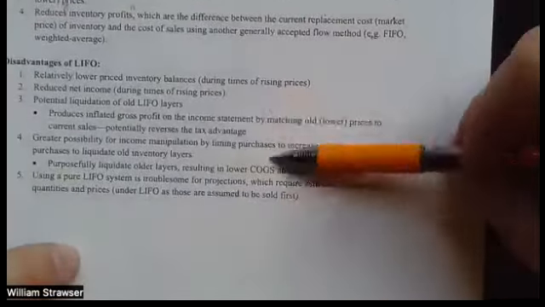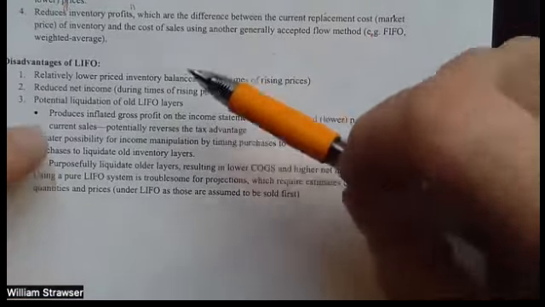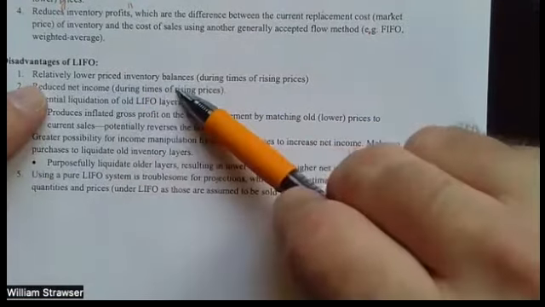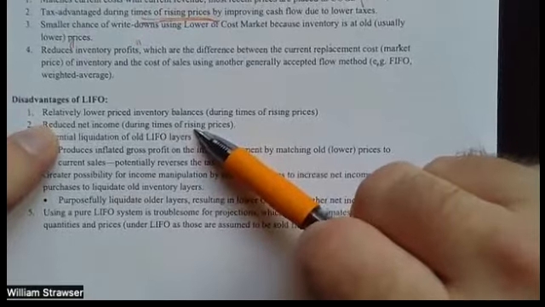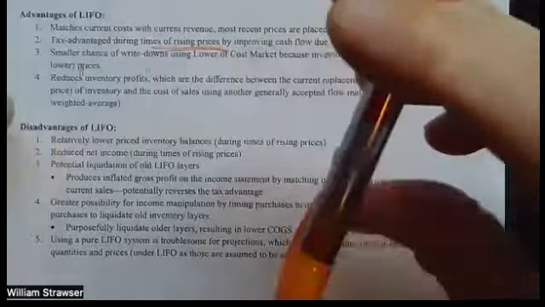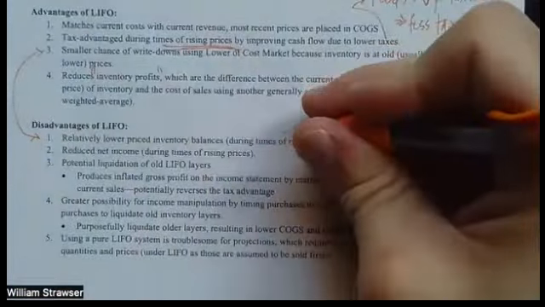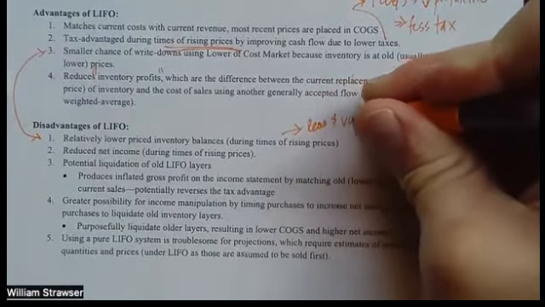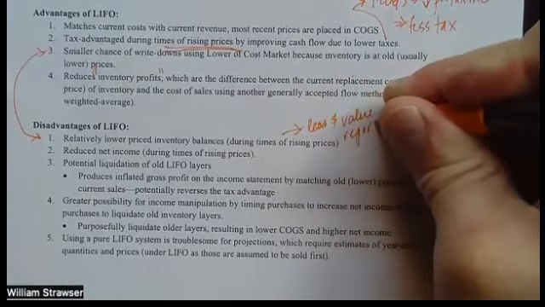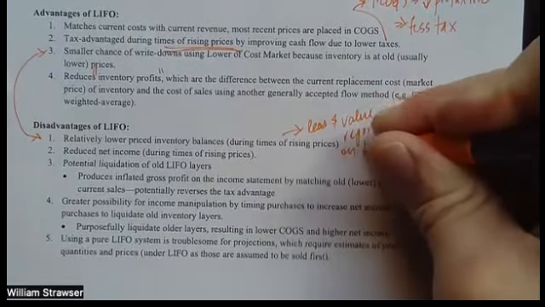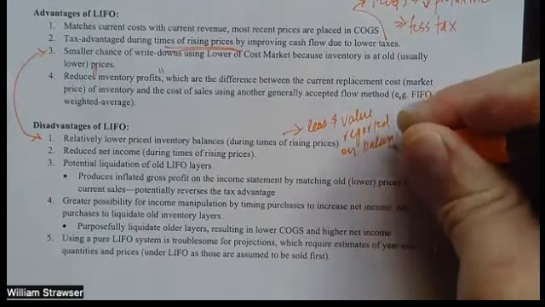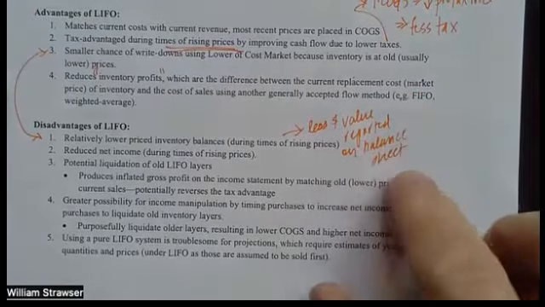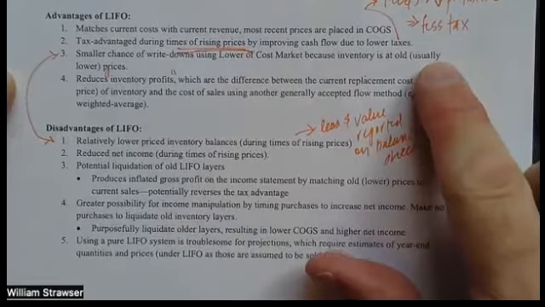What are the disadvantages? We have relatively lower priced inventory balances. And that just feeds off of the same idea, like 3 and 2 are two sides of the same coin. We have less dollar value reported on the balance sheet, but that actually is advantageous when you think about, do I have to perform a write down?